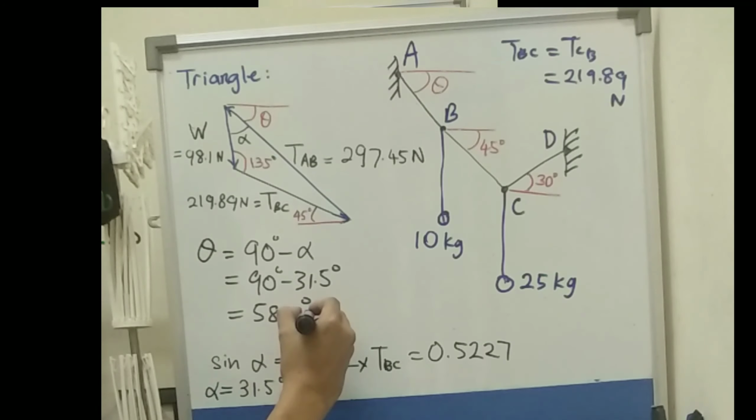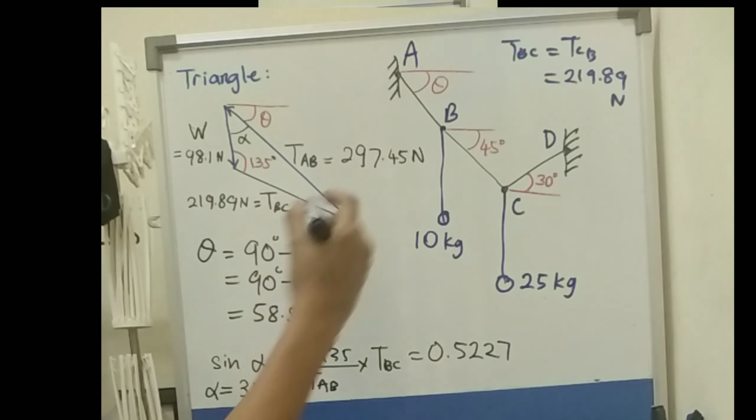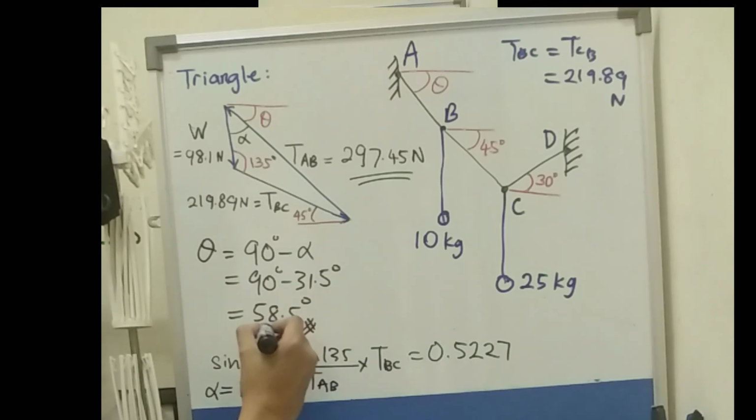So you get your theta. So that's it. You have your theta value 58.5, and your TAB value is 297.45. So these are the two answers.